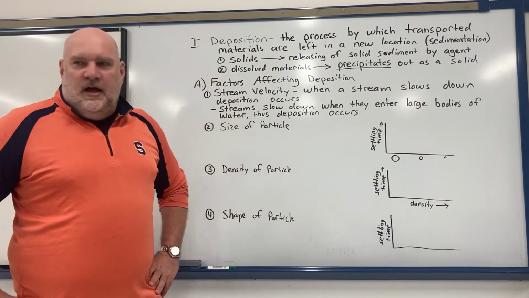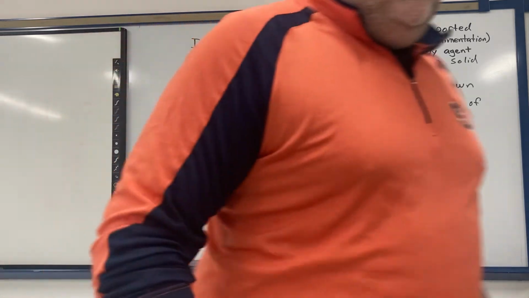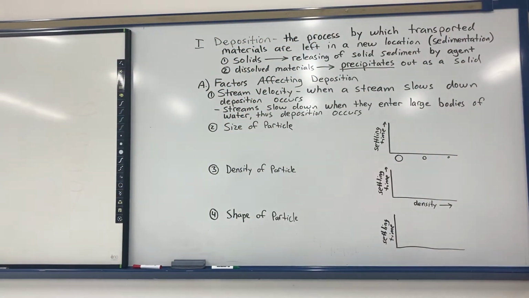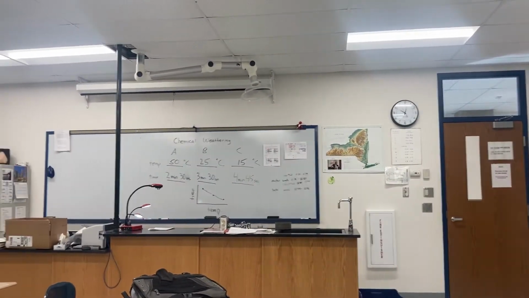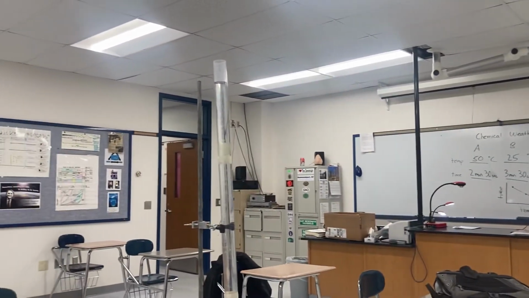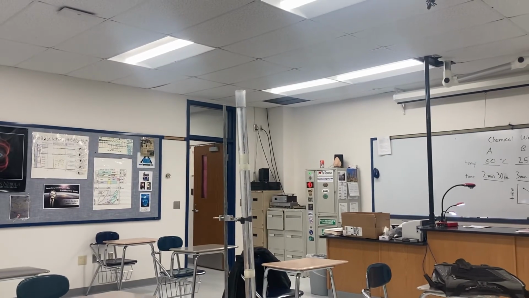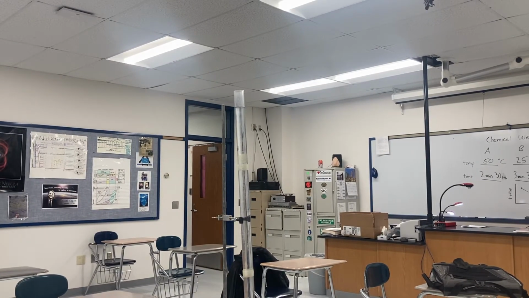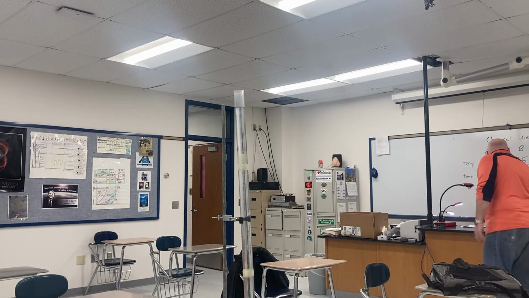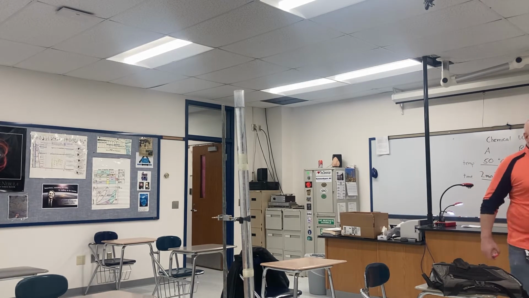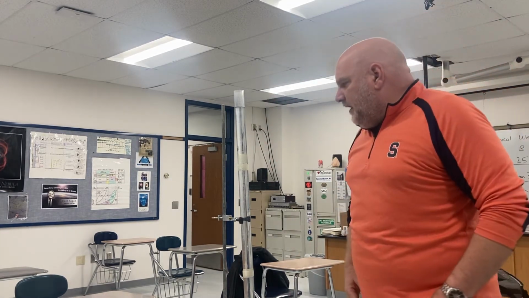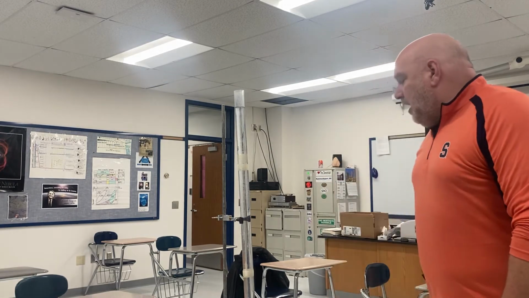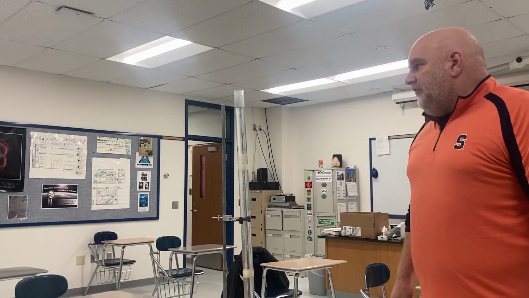So we're going to do a little demonstration experiment right here, and we'll look at a few factors. All right, so I have a tube full of water here, and we're going to look at how different materials settle differently.